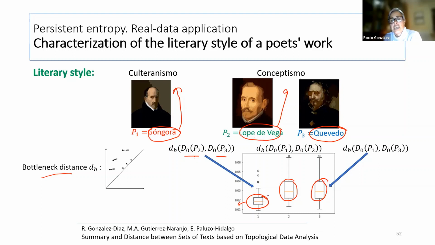So we can say that Lope de Vega and Quevedo belong to the same literary style, or they are very close, and Góngora belongs to one that is different, because the bottleneck distance is higher.